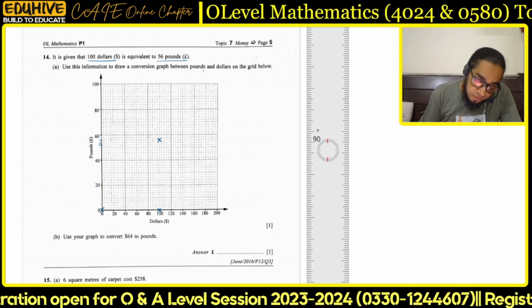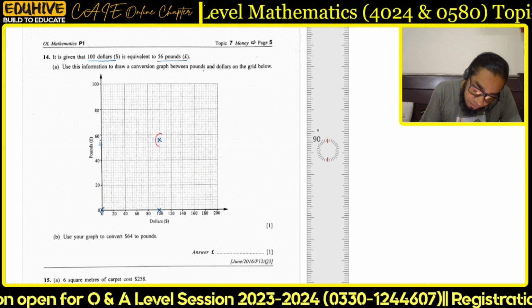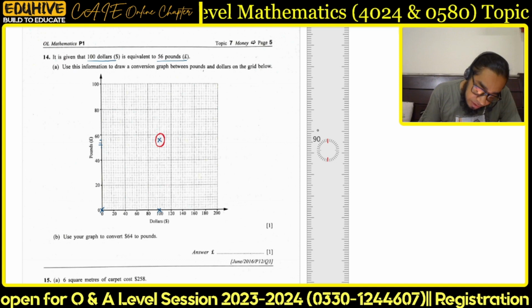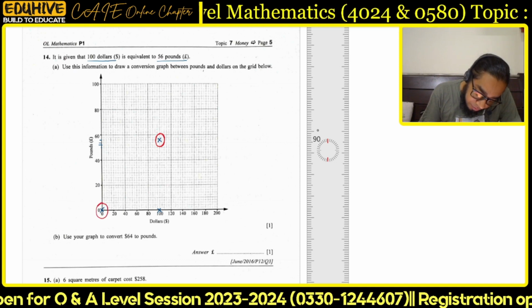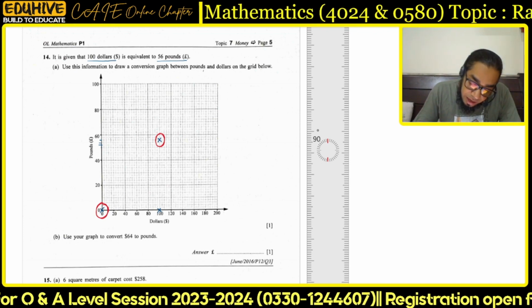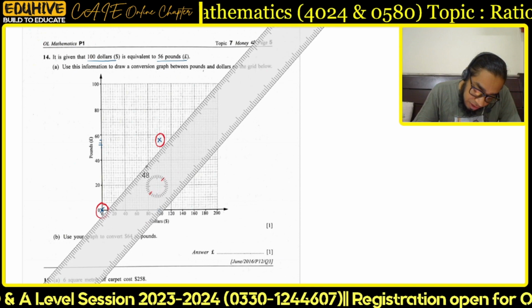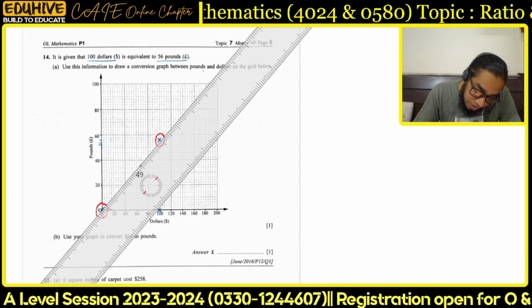So I got 2 points. The first one is over here, which they have told me in the question, and the second point I found as the origin. So I need to draw the graph over here and I'm just making a straight line which intersects both of the points.